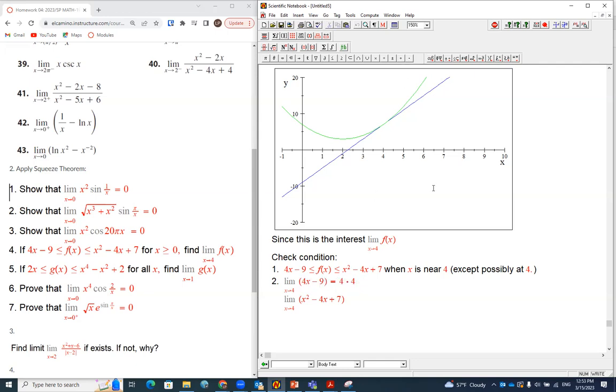Therefore, we can substitute. minus 9, and that equals to 7. And the second one is also a polynomial, so we can substitute. Okay, so this is 4, and that is 4. And the limit, once again, is 7. And so these two limits are the same.